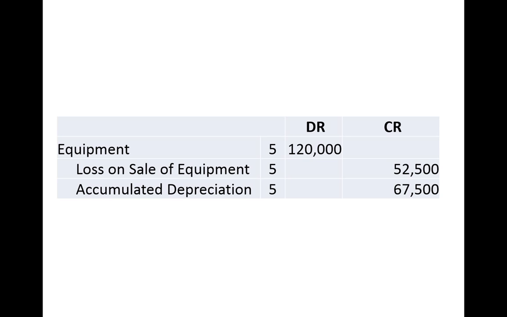The subsidiary has a loss on their records, which should be eliminated. So we're going to credit the loss for $52,500. And by establishing the 120 difference to bring the equipment to $225, recording the loss, that leaves us with the accumulated depreciation amount at the time of the sale, which was $67,500.